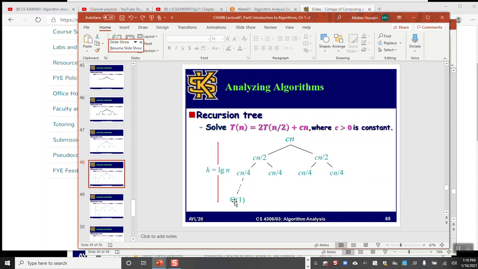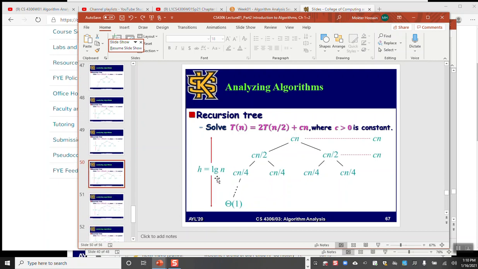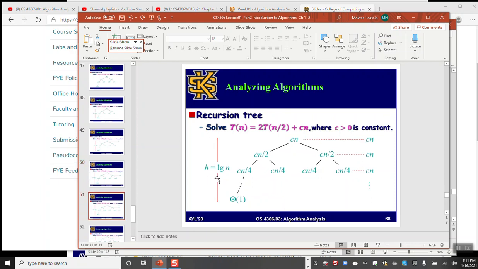So now, the height: how many times will it be splitting? 1, 2, 3, so the splitting will be log n. Then how many elements does it have?